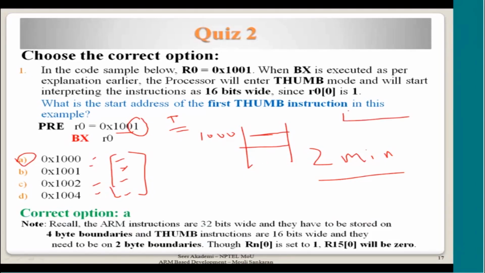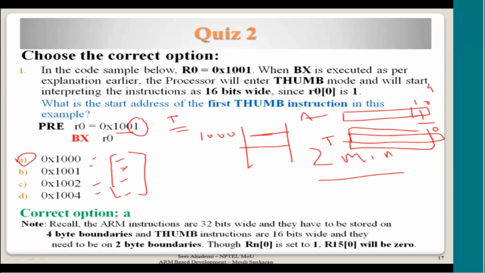Similar to ARM mode, where the 2 lower bits are always 0 because it's a 4-byte boundary, in thumb mode the LSB is always 0. So the instruction address is only the remaining 31 bits. Please remember that.